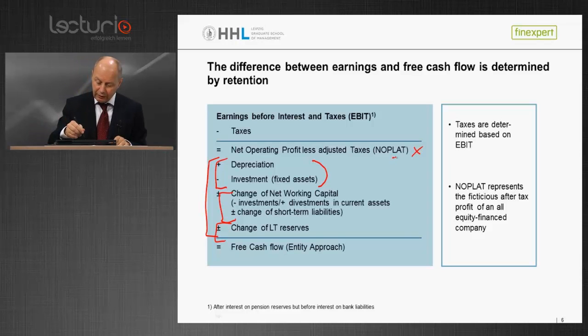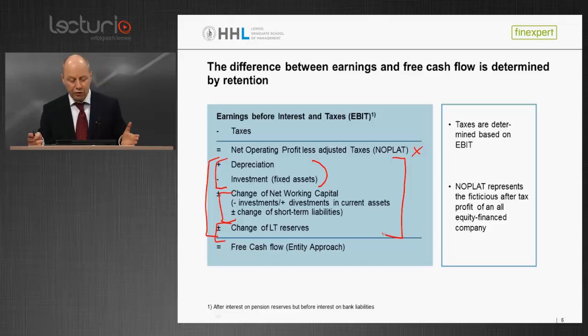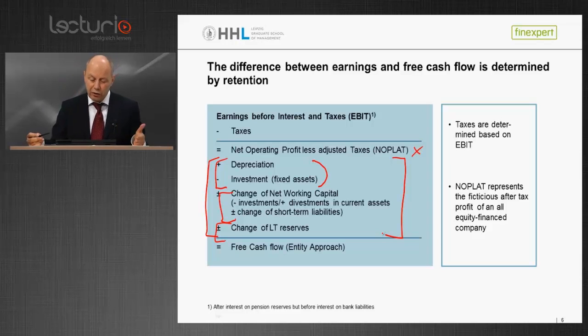So you see that this is the absolute amount of retention. That is the difference between NOPLAT and free cash flow, and it can be interpreted as either the positive or the negative net investment of debt and equity holders jointly in acquiring new assets.